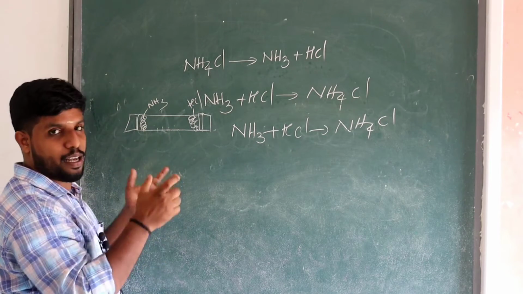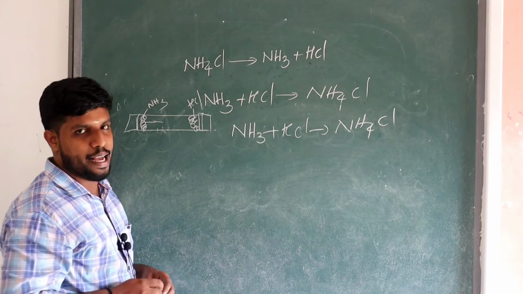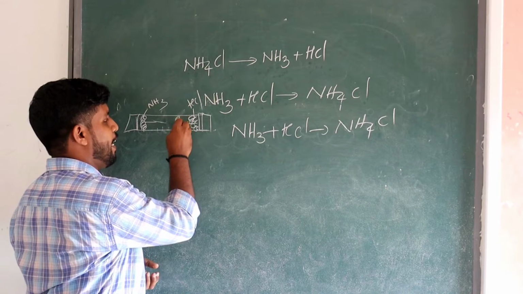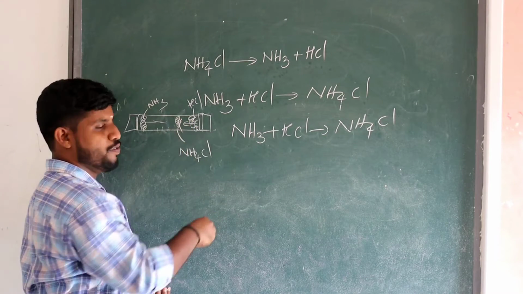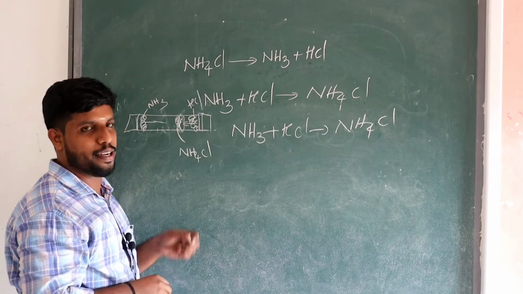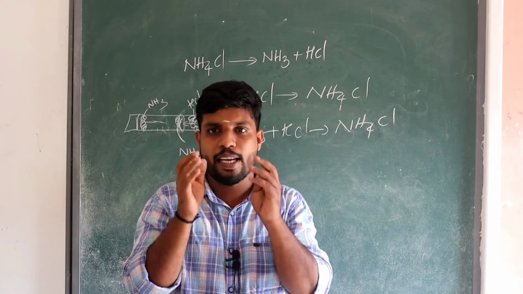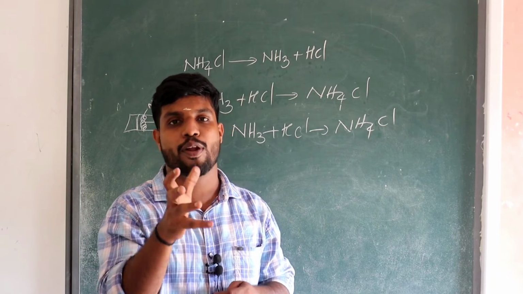Ammonia will be formed in the form of vapor, and also HCl. They will react together and form ammonium chloride as white dense fumes. Later, shining particles will stick on the cylinder or tube. Here that implies when ammonia reacts with HCl, it produces ammonium chloride.